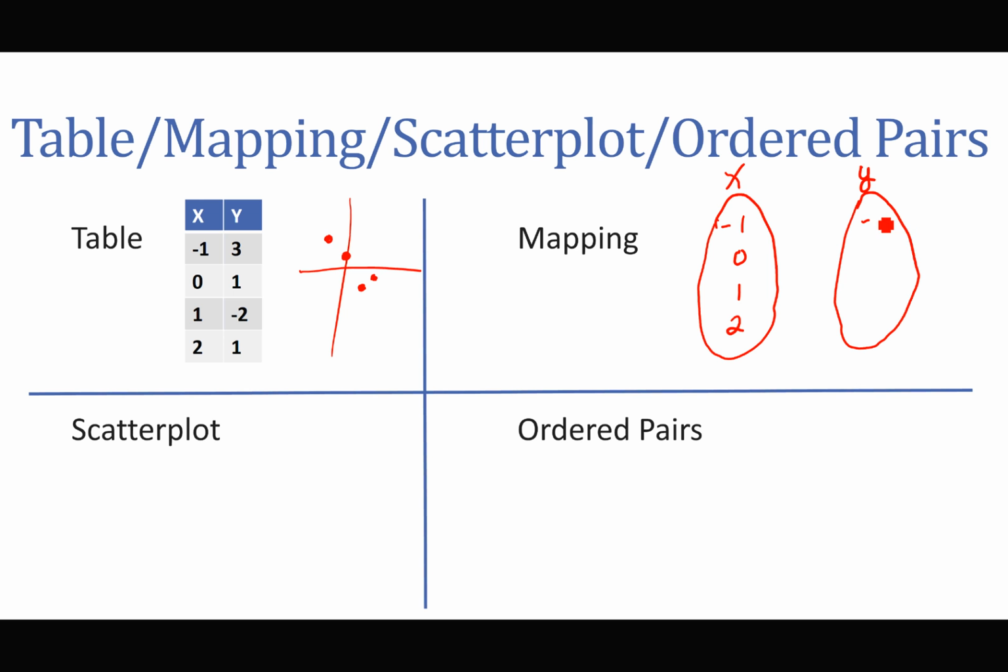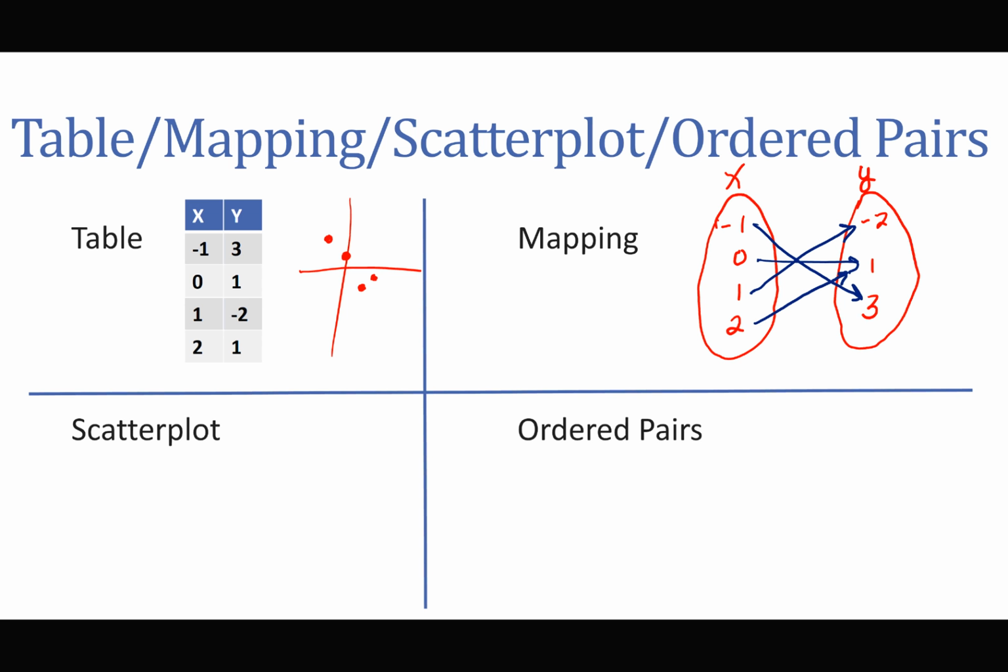I could say -2, 1, and 3. I don't have to write 1 twice. And then mapping is literally showing -1 goes to 3. 0 goes to 1. 1 goes to -2. And 2 also goes to 1. So that would be the mapping.